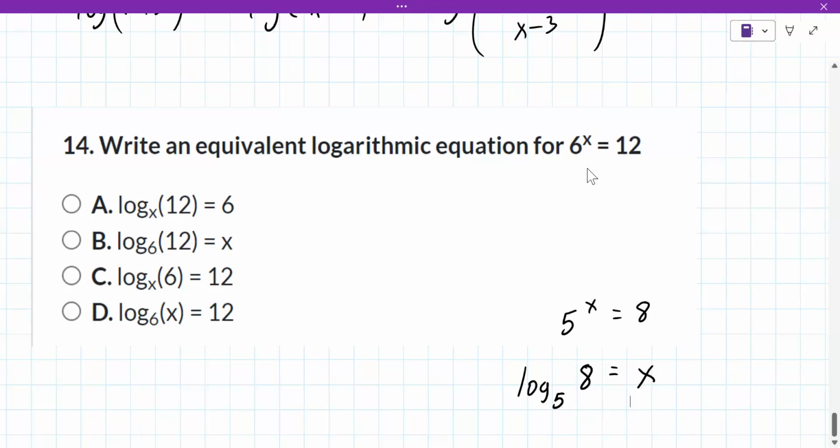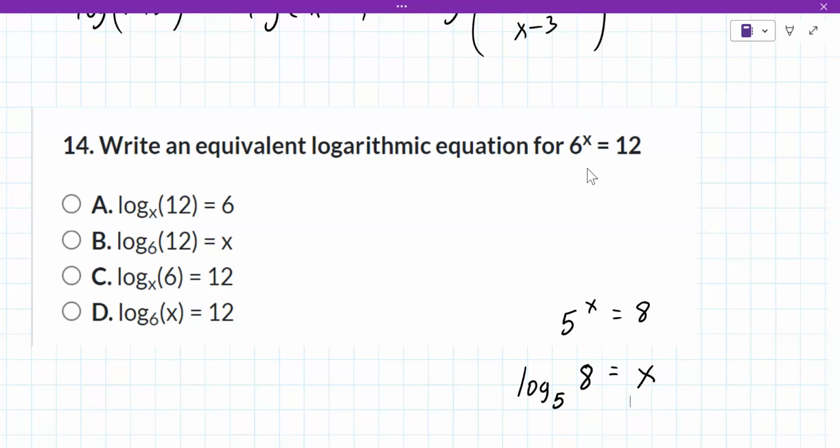Okay. I got a better view now. Okay. So I wrote down what you showed me.